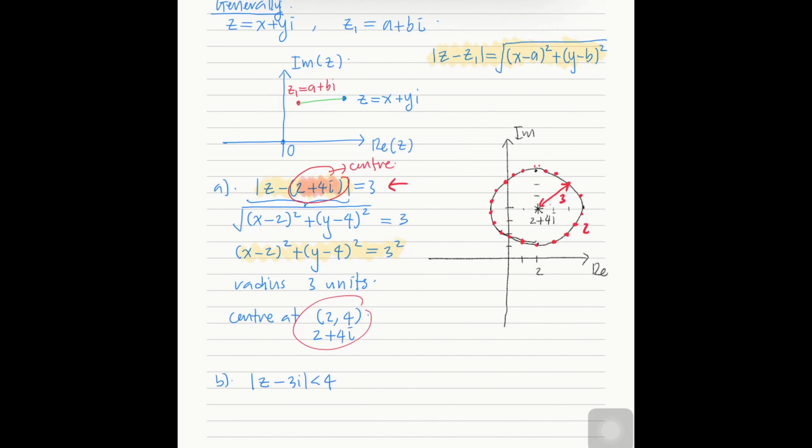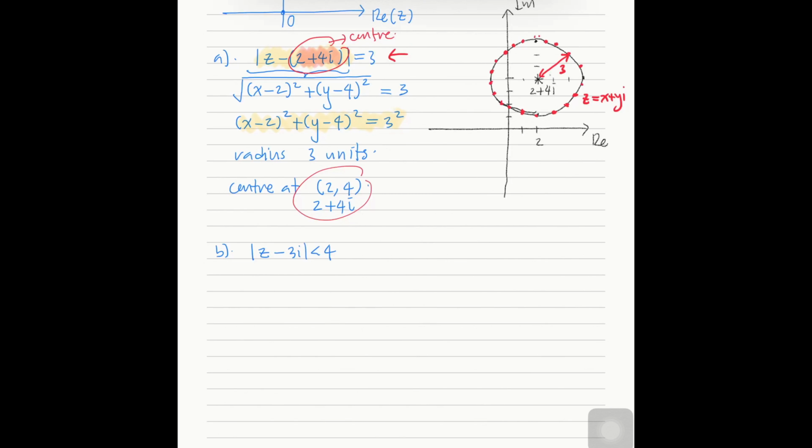So this represents complex number z, x plus yi. Hopefully you understand that example.